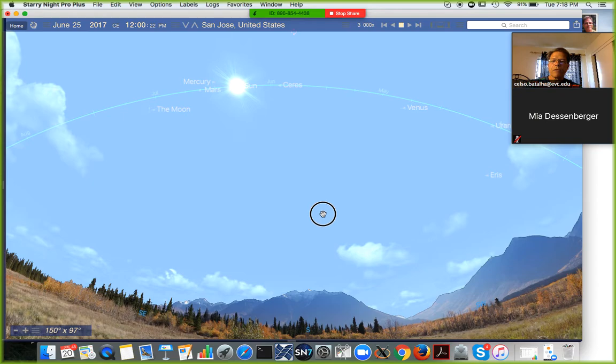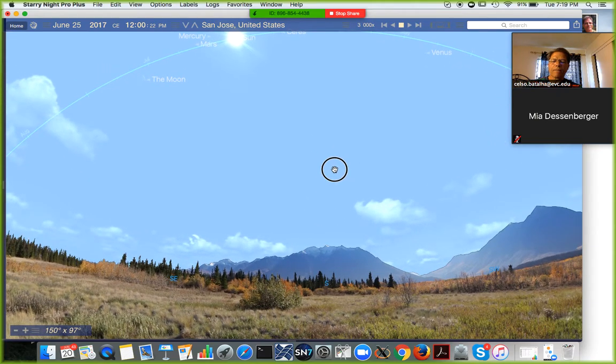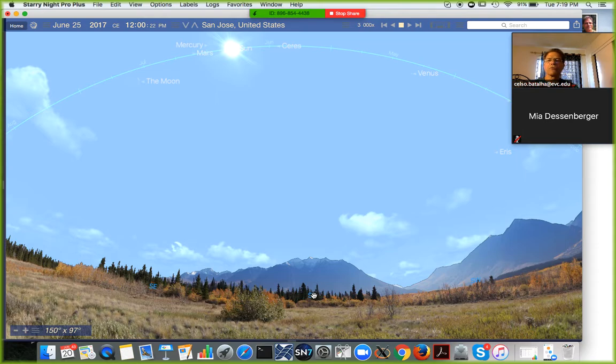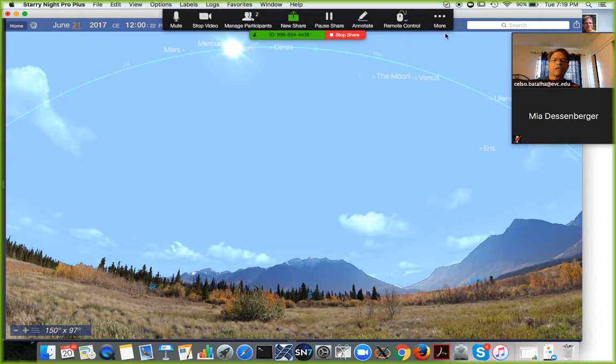So at 12 p.m., the sun is high up in the sky. The sun is not exactly due south, but it's close to due south. And here we are in June 25th. Let's bring it to June 21st, which is one of the solstices. And then I would change the time scale to another day in the same time.